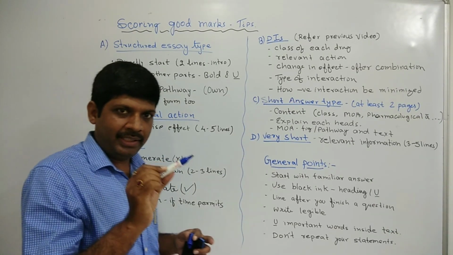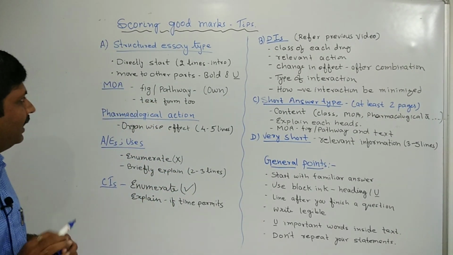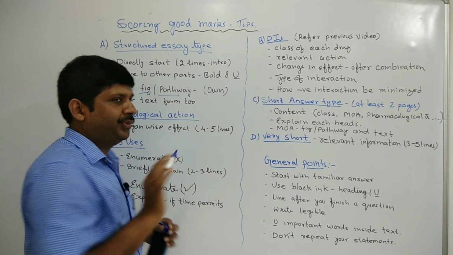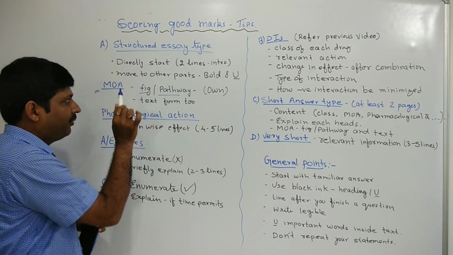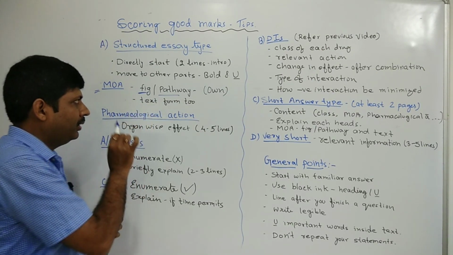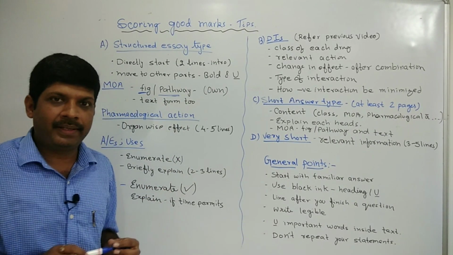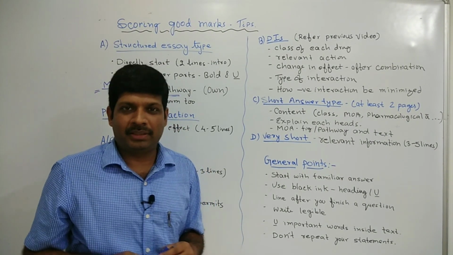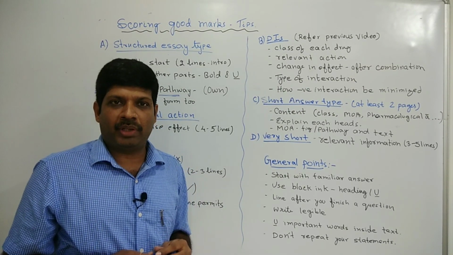Write the heading and underline it with a different ink. If it is a mechanism of action, the figure or the pathway is very important. You need to explain the mechanism of any drug by drawing a figure, or if the figure is not there, then draw the pathway. Many times you don't get a particular figure or pathway in the book you are referring to.